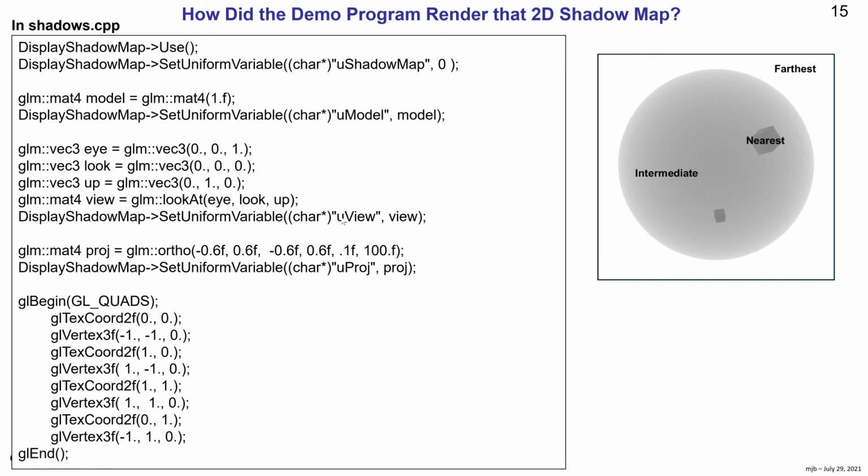Now, how did the demo program render this? Easy. Basically, it took that depth map texture and treated it as colors, as grayscale, and then drew a quadrilateral and mapped that texture to the quadrilateral. So poof, that was not too hard.